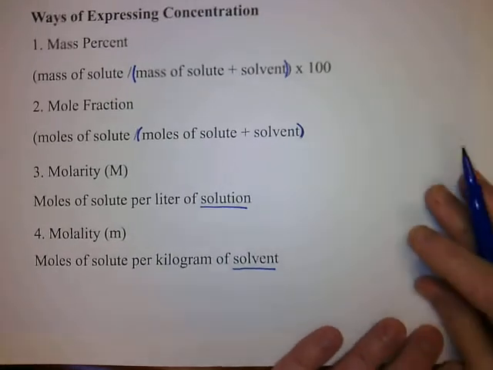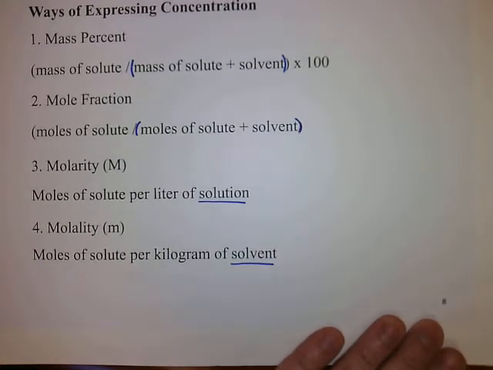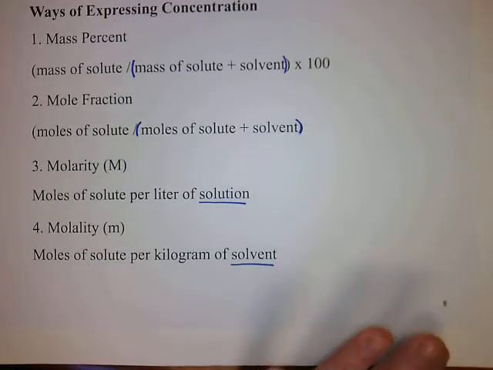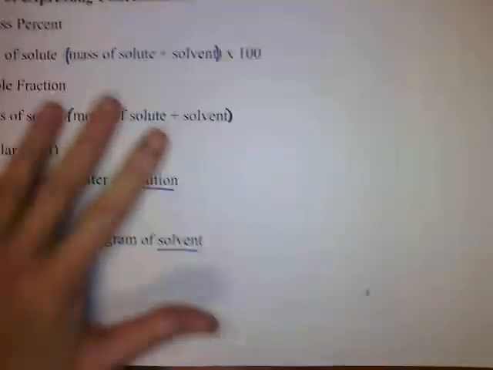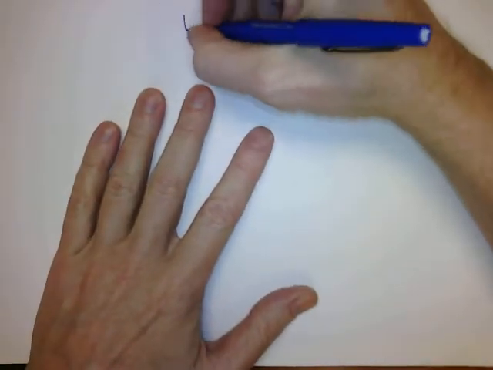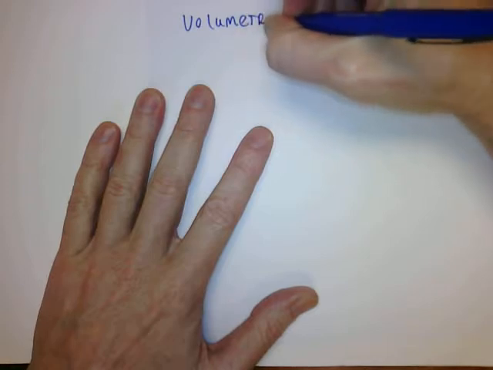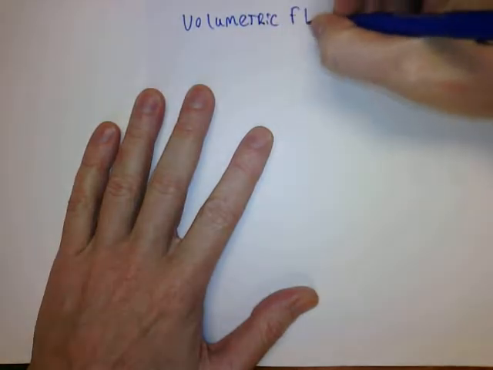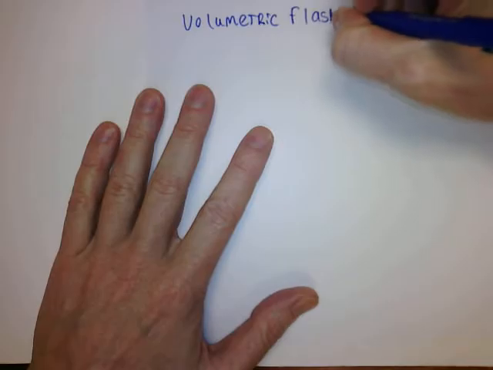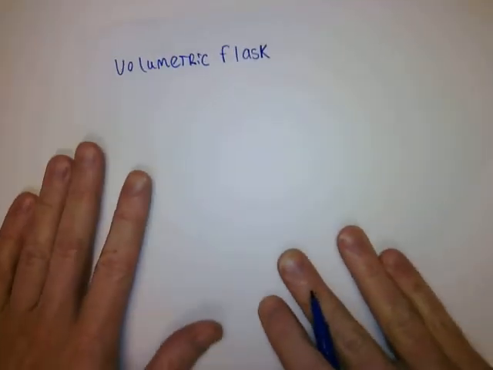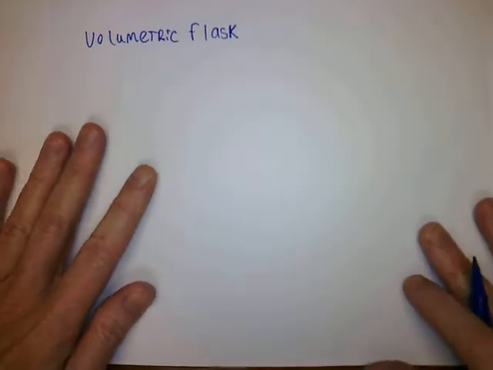First of all, you typically use a special type of flask called a volumetric flask, which measures one and only one volume.